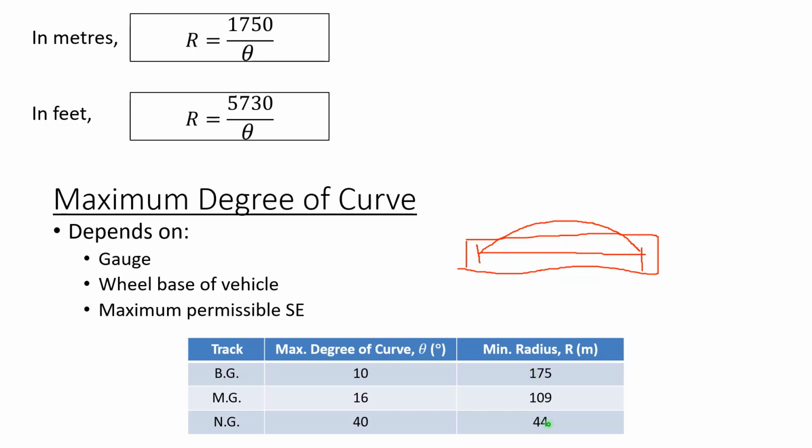So we can see that with narrow gauge we are able to provide sharper curves compared to broad gauge. That is why narrow gauge tracks are mostly favorable for hilly terrain.